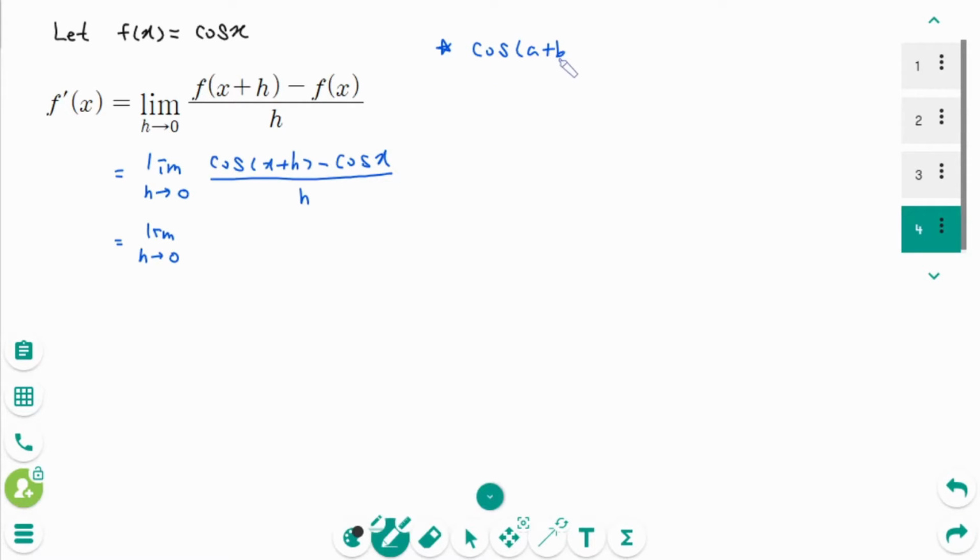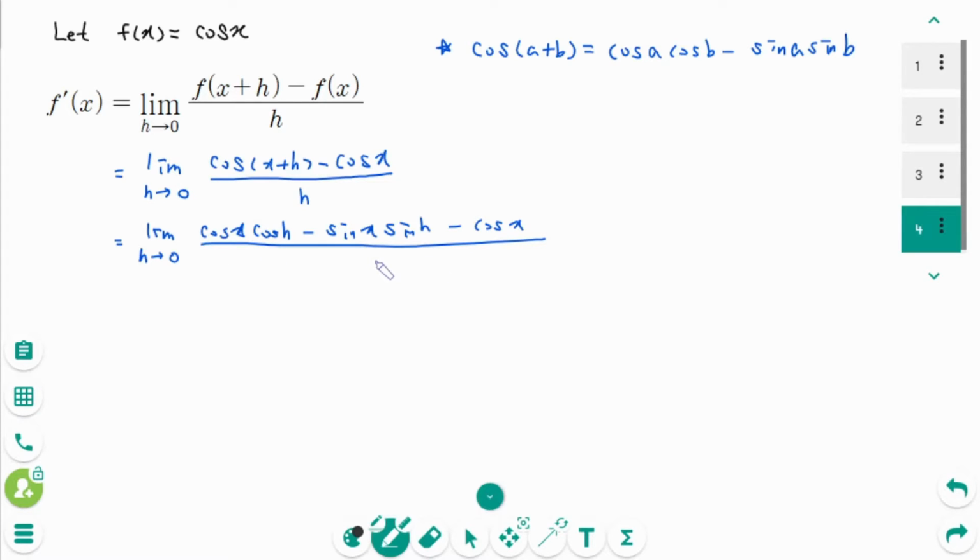Cosine a plus b equals cosine a times cosine b minus sine a times sine b. So cosine x times cosine h minus sine x times sine h minus cosine x over h.